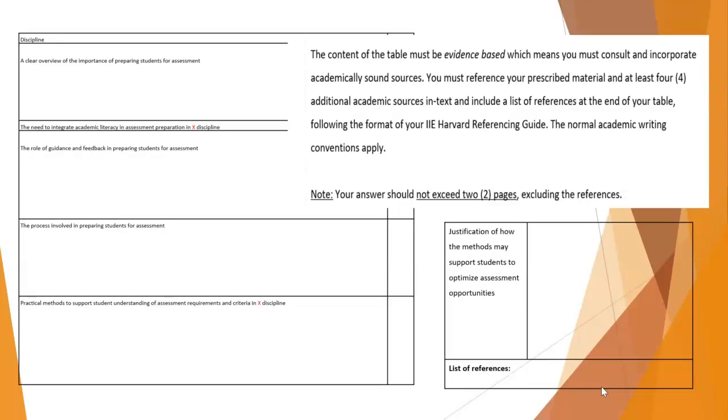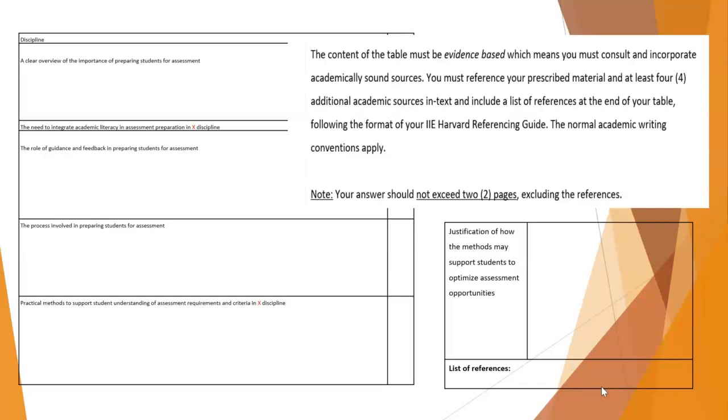Then the first thing that you need to do, a clear overview of the importance of preparing students for assessment. So it's an overview. It's not a detailed description. It is a clear overview. So please, I know in the past, students start off with, assessment can be defined as, in higher education, assessment is important because, now that is not what the question is asking you for.